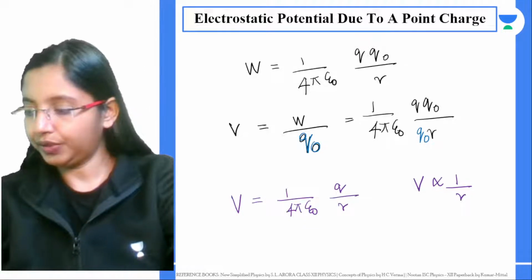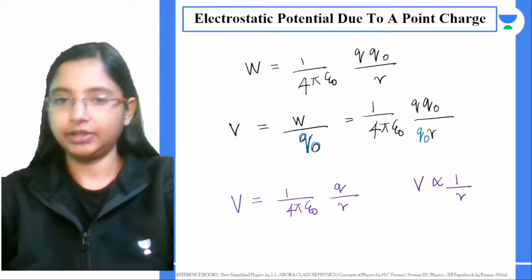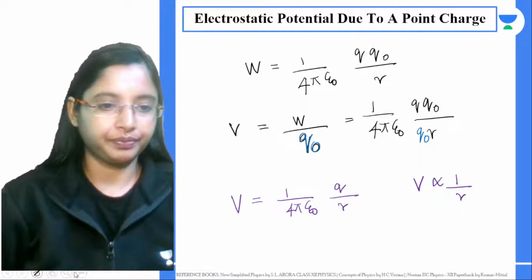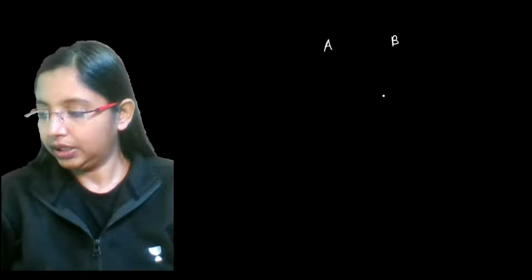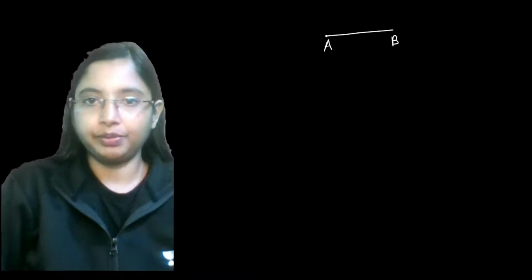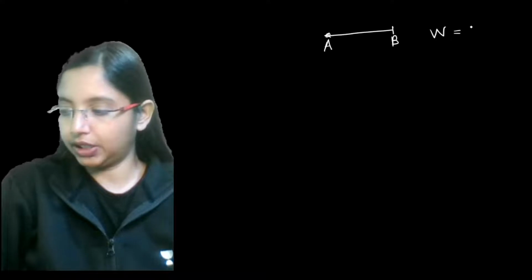Now that we know this, let's try and solve a very simple question. Let's say you are moving a charge from point A to B, and we want to find out the work done in moving the charge from this point to this point.